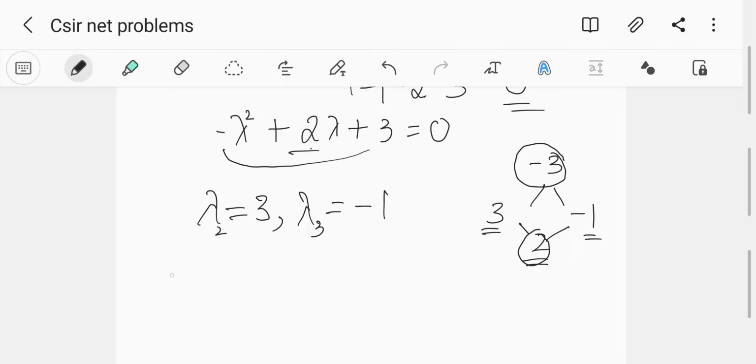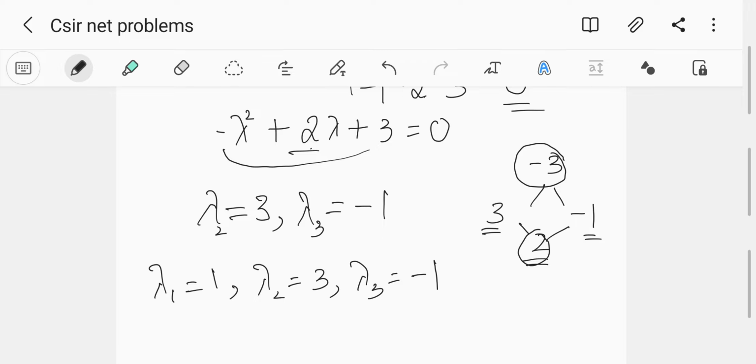So what are the eigenvalues? Lambda 1 is equal to 1, lambda 2 is equal to 3, and lambda 3 is equal to minus 1. So I got 1, minus 1 and 3 as the eigenvalues. So these eigenvalues are real and distinct.